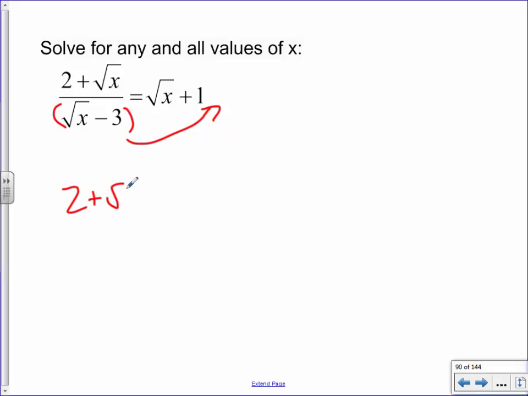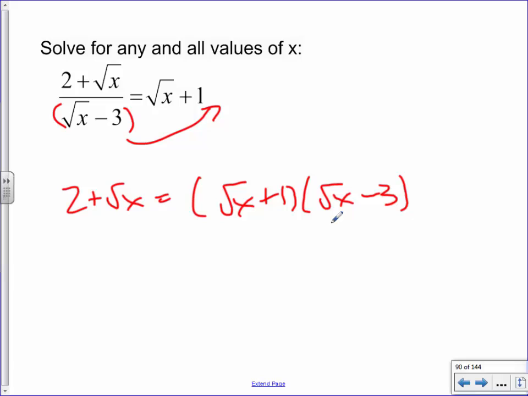So 2 plus root x is going to equal the root x plus 1. And we're bringing that root x minus 3 to the other side. Sorry, root. So I'm bringing this guy up top over here, and I'm going to FOIL.